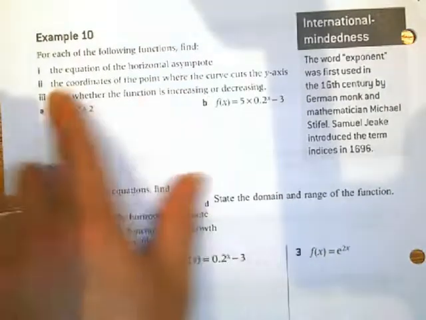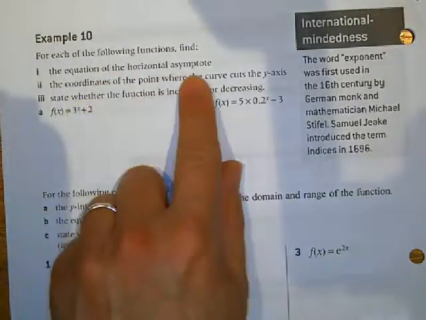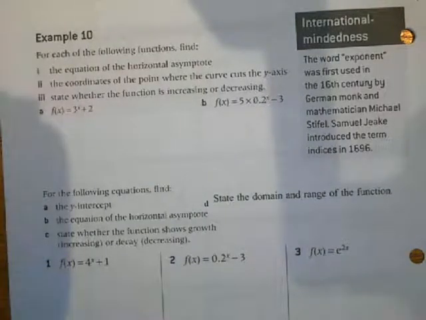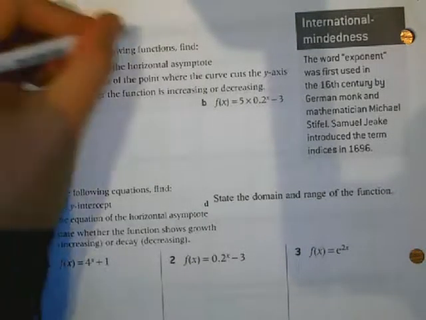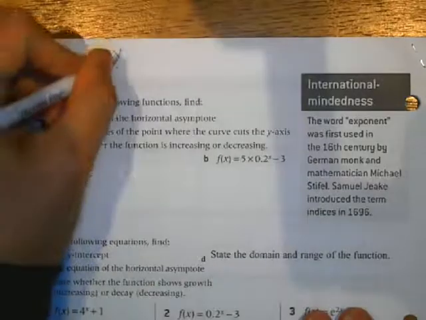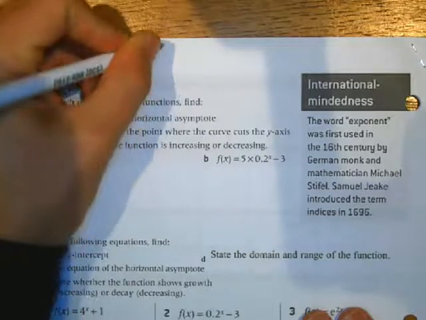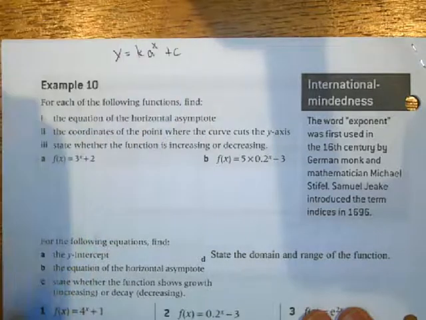Okay. Next page. So the next page summarizes what we've been doing. Without doing the graph, we're going to try to see if we can remember everything that we've done. So remember that y equals k a to the power of x plus c.